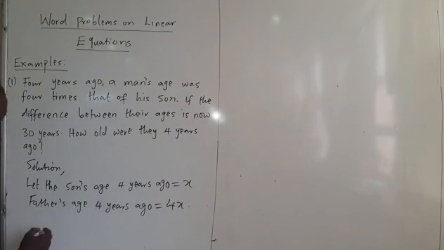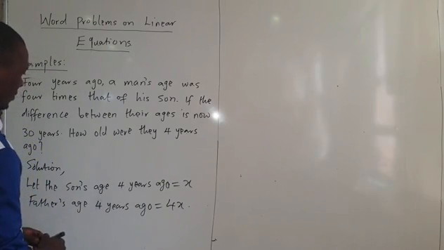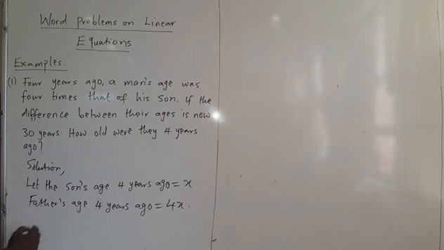Then the son's age now. So let the son's age 4 years ago be x.